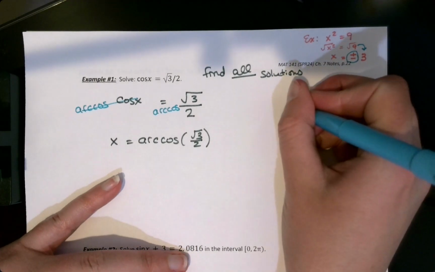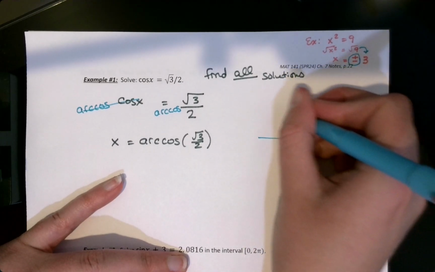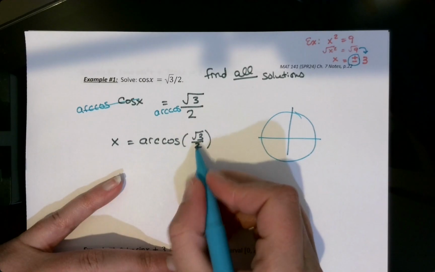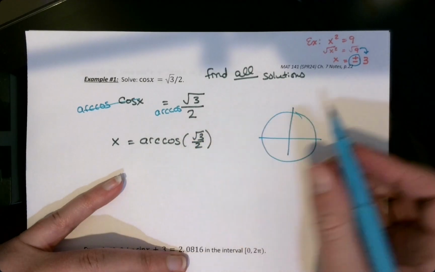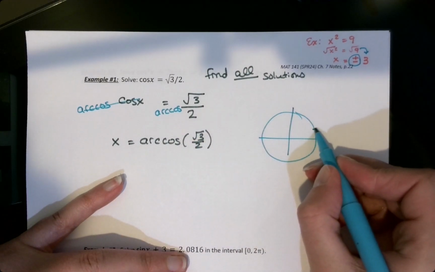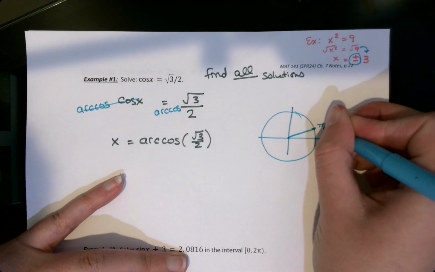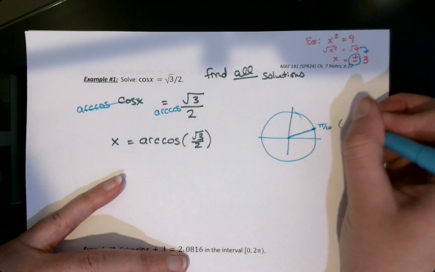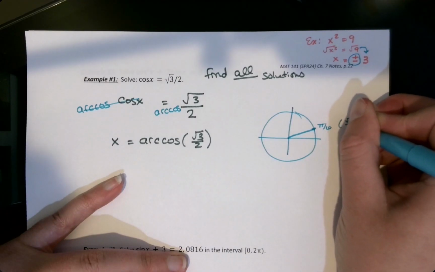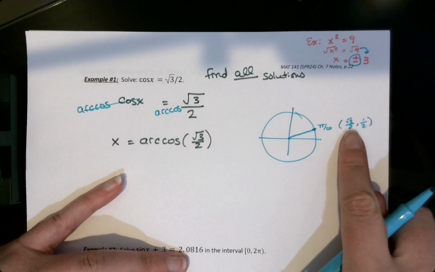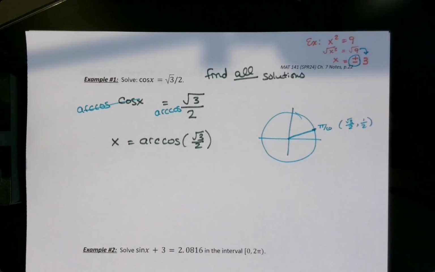So let's draw a unit circle and consider where cosine is equal to the square root of 3 over 2. That is one of our special ratios, and we know that that is going to occur here at the angle pi sixth, whose coordinates would be square root of 3 over 2, comma 1/2. So the cosine value is square root of 3 over 2.